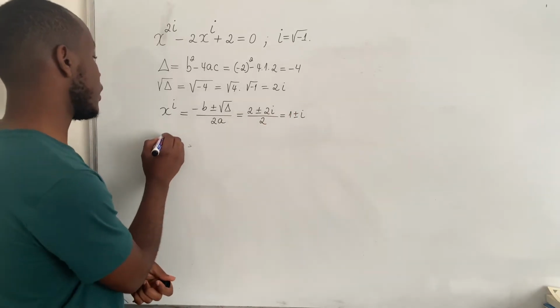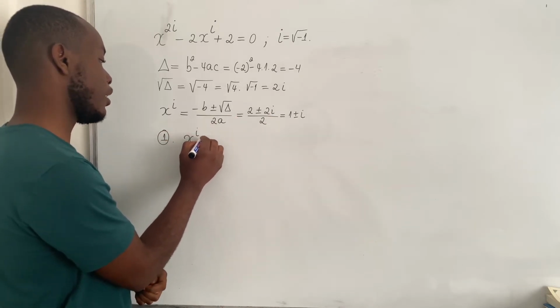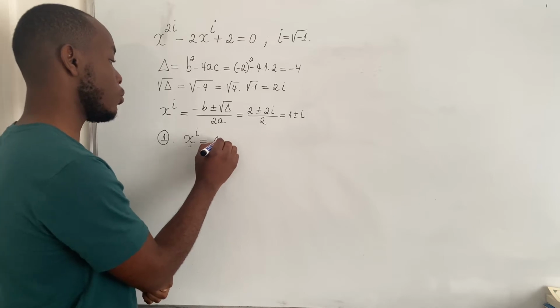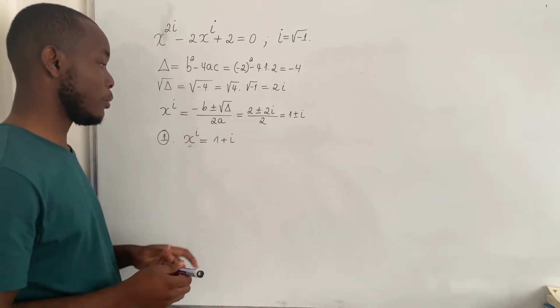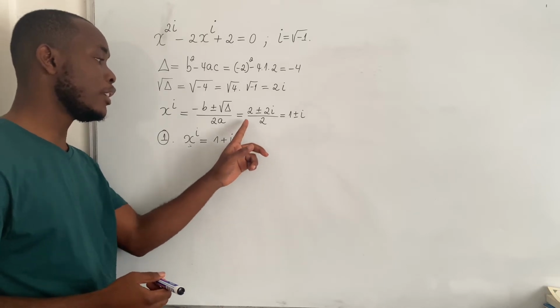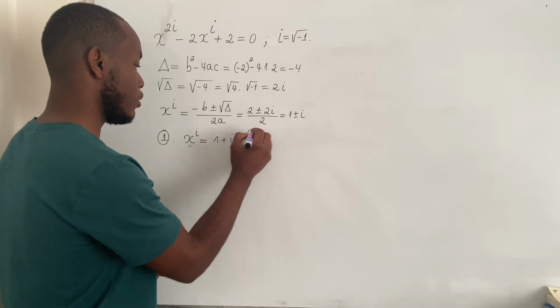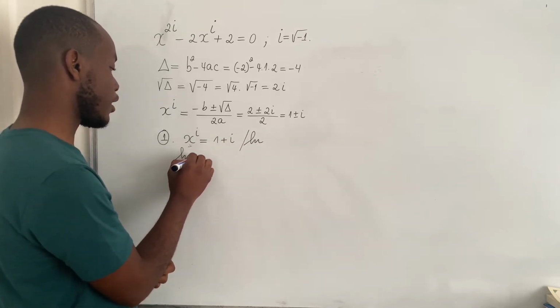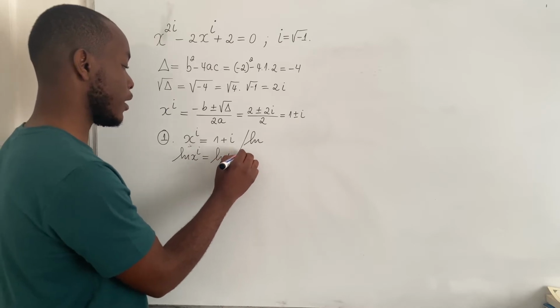First case, let's use the positive one. We're going to have x^i equal to 1 plus i. How do we calculate this? We can apply ln, the natural logarithm, to both sides. So we're going to have ln of x^i equal to ln of 1 plus i.